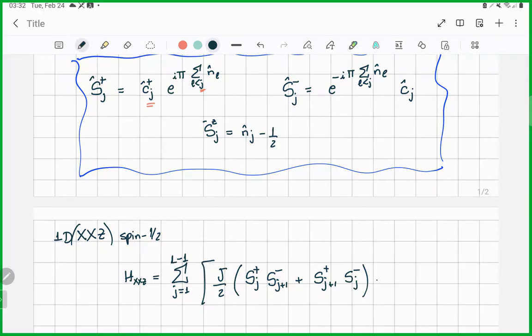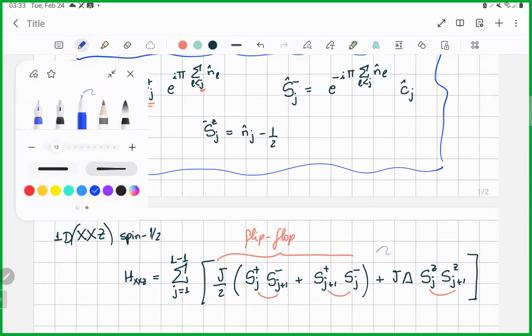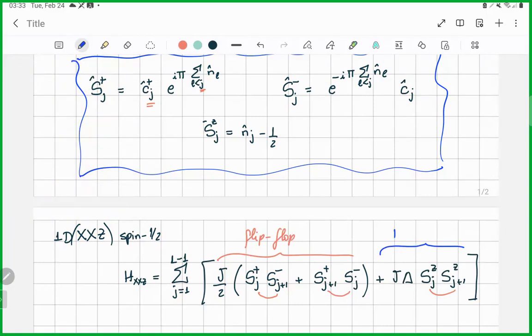And on top of that, we have our Z term, the ZZ term, which is here, where you see that we are considering only couplings between neighboring sites. This term is what we were calling the flip-flop term, right? And the other one, the ZZ term, is what we were calling the Ising interaction.